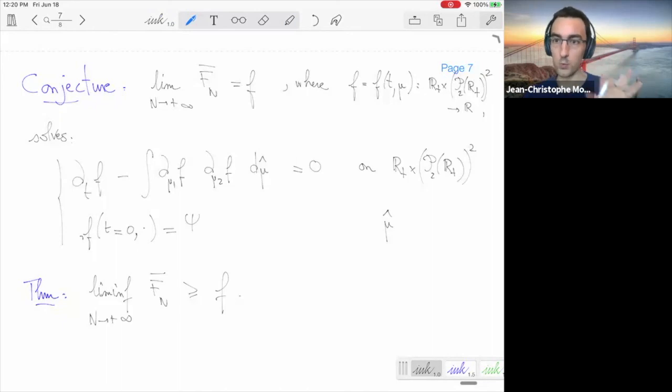So the equation will still be defined only for those measures on R plus squared which are monotone couplings of two random variables. So I think it's clearer to present it this way, but it's possible to go in this direction. I hope that makes sense.